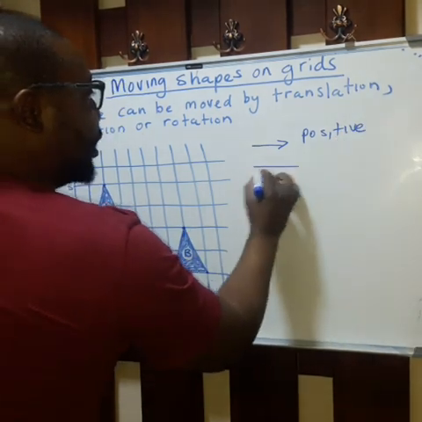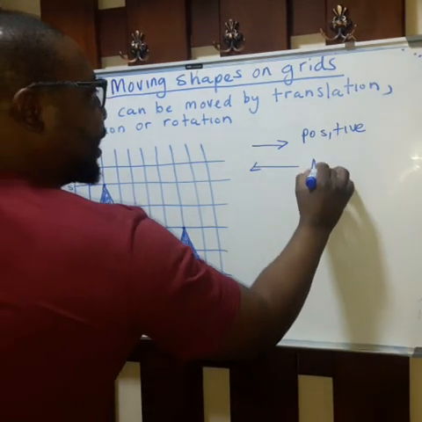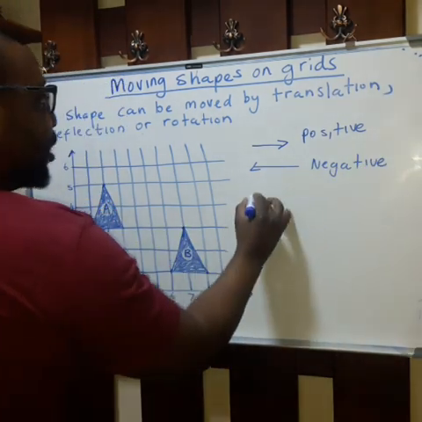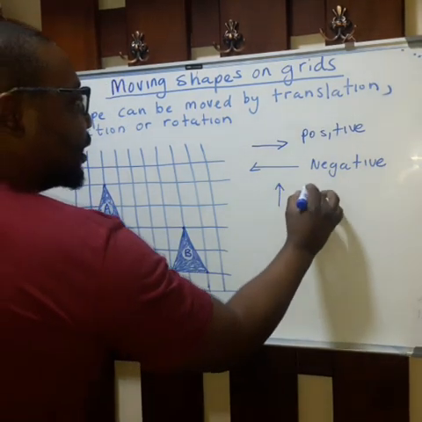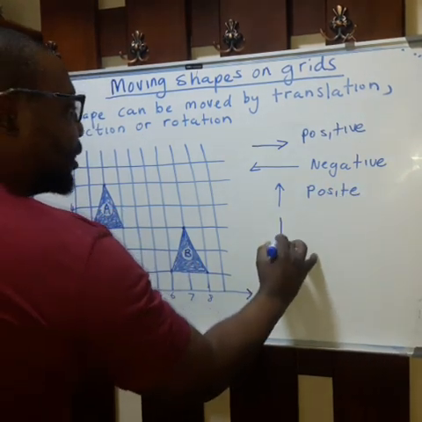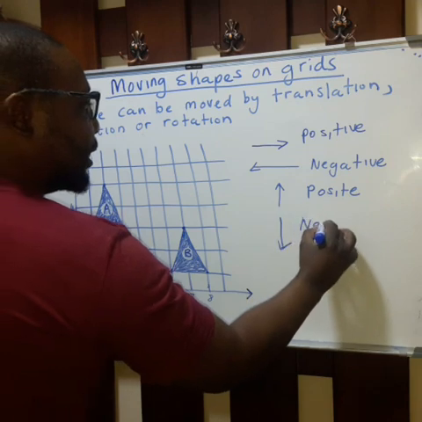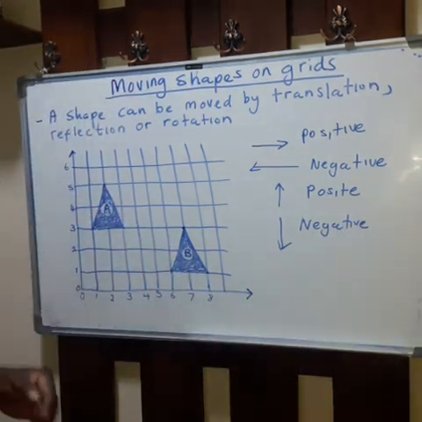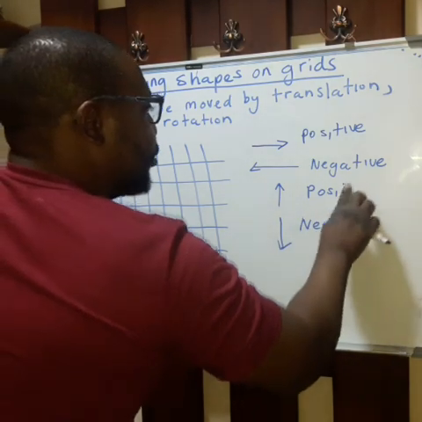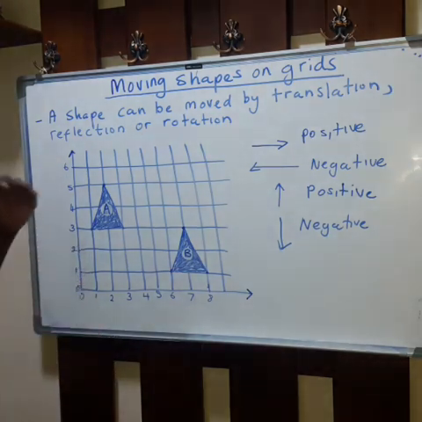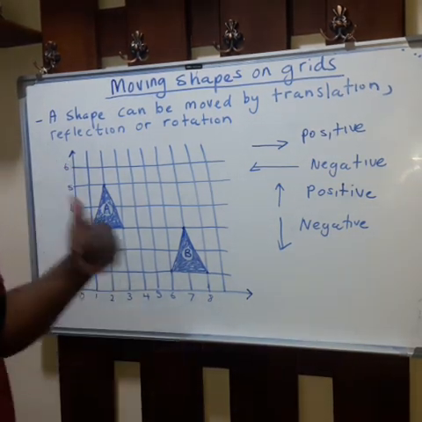If it moves to the left, this is negative, right? If the shape moves upwards, it's positive. And if it moves downwards, that's negative, okay? So a shape has to first move horizontally, then vertically.